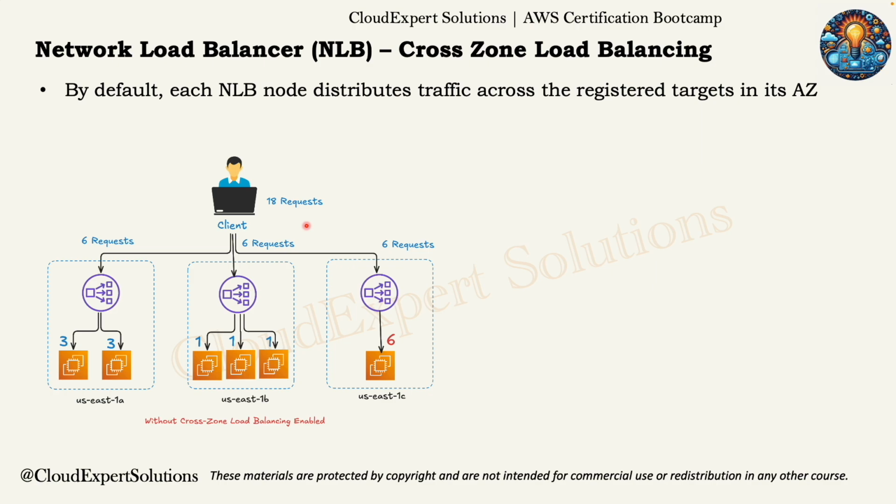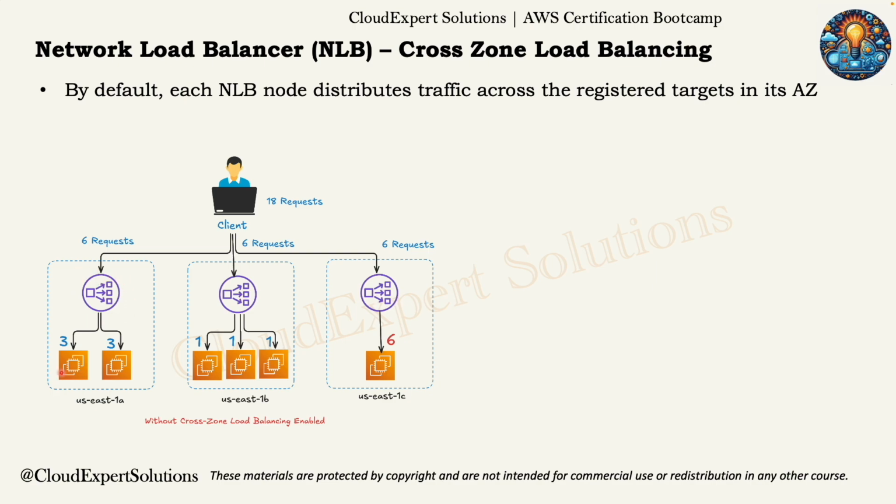Without configuring cross-zone load balancing, the 18 requests will be evenly distributed among the NLB nodes in each availability zone. Every NLB instance in an availability zone will receive 6 requests. By default, NLB distributes the traffic evenly among the healthy targets in that availability zone.